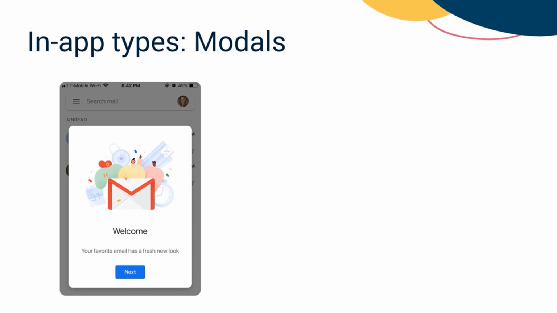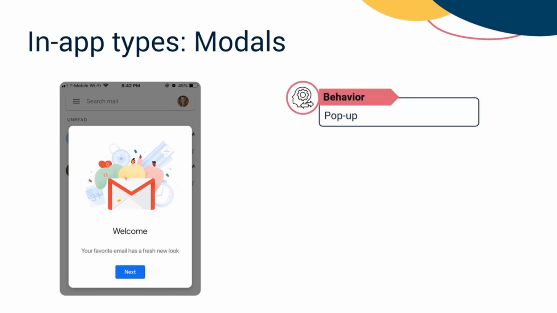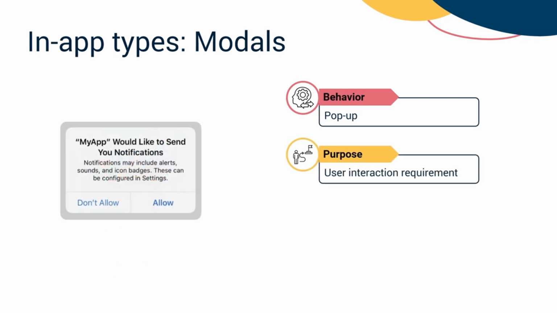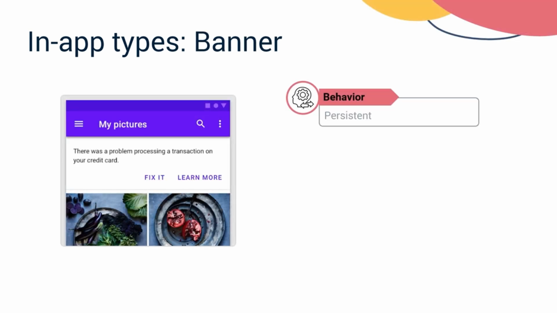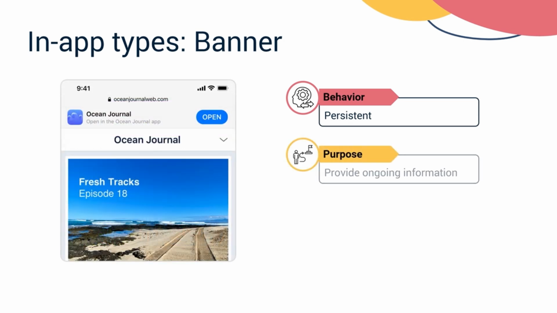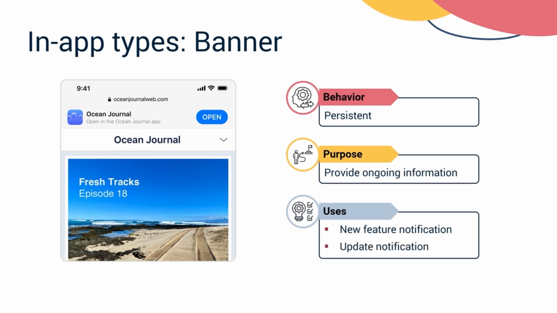Let's discuss some other types of in-app notifications. Modals, also called pop-ups, occur when the app requires user interaction. You can use modals for alerts, confirmations, or to gather user input. Banner in-app notifications persist on screen. They can provide ongoing information, such as new features or updates.